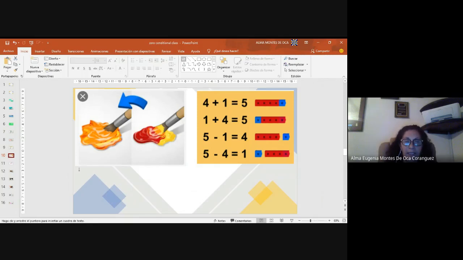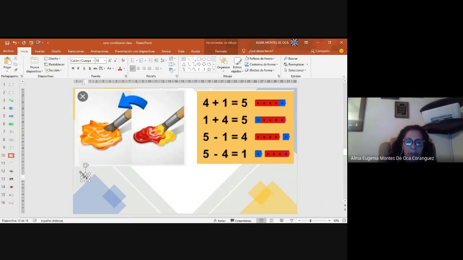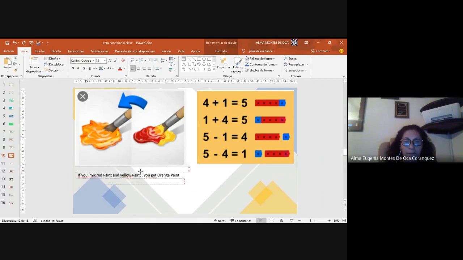Okay? The sentence could be: if you mix red paint and yellow paint, comma, you get orange paint. Okay? And if you want to begin with the result, please remember you don't need a comma.